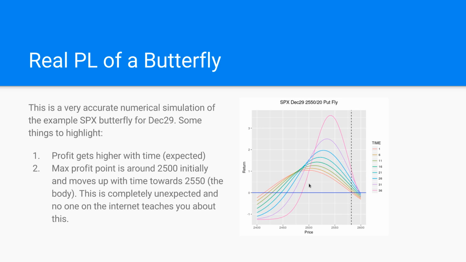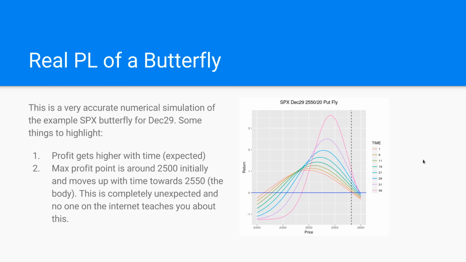This is a graph that shows the profit and loss of a butterfly for different levels of SPX and different times. Each color line represents a different day. For instance, this red line represents profit and loss after 1 day, and then after every 5 days, 6, 11, and so forth and so on until the 36th day.